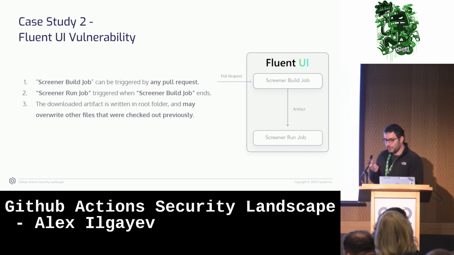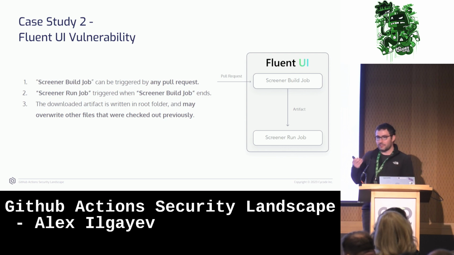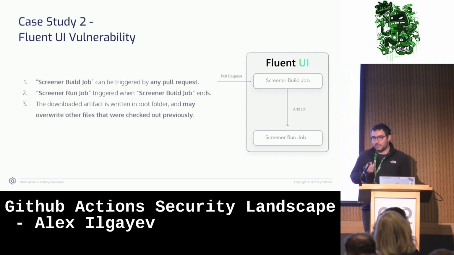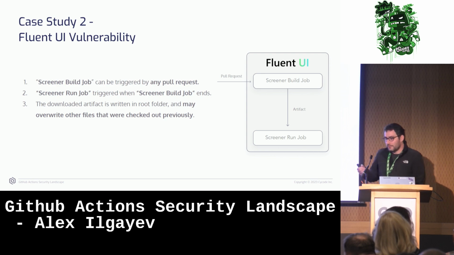So the vulnerability was in the screener run job, the one that receives the artifact. As a user, the only control I have is this artifact. Whenever they take the artifact, they also put it in the root directory and overwrite any file in that directory.